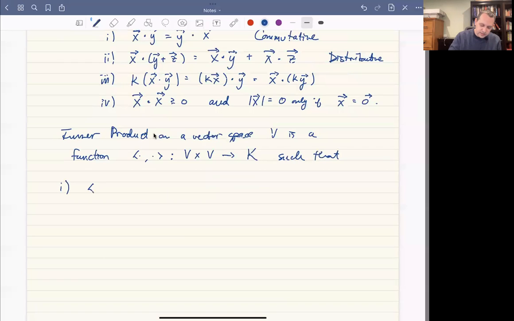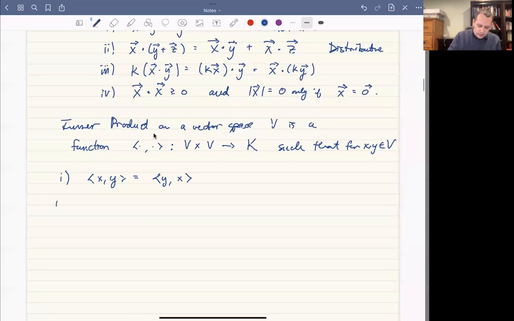The first is that if you have vectors x and y in V, I'm going to stop writing the arrow over them, then the inner product of x and y is the same as the inner product of y and x. So that's commutativity. You have a distributive property. If you want to talk about the inner product of x with y plus z, that's the inner product of x and y plus the inner product of x and z.